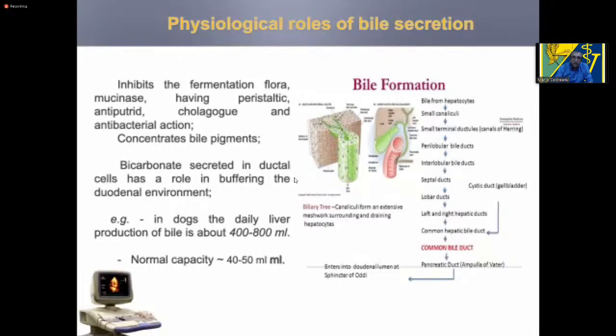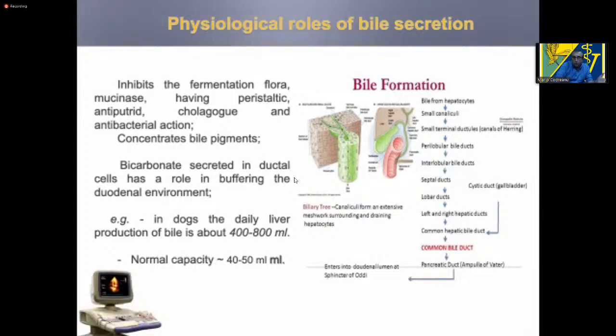Bile has a very important antiputrid role, also a cholagogue and antibacterial action. It's important to remember from this point of view that the gallbladder concentrates the bile pigments, very, very important, and also the bicarbonate secreted in ductal cells has an important role in buffering the duodenal environment, if we can say so.